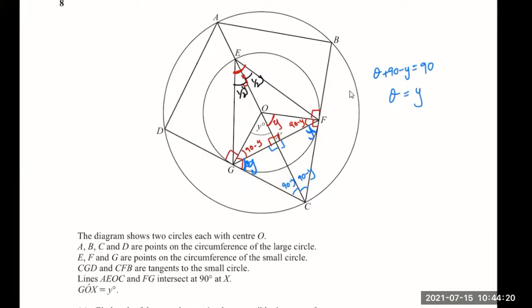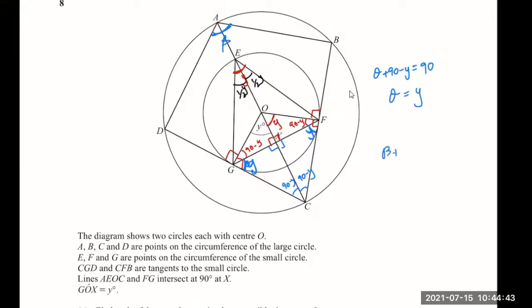Then what I see in my diagram is that there is a cyclic quadrilateral forming. If this is 180 minus 2y, and in fact, these must also be 90 degrees. Let's call that cyclic quadrilateral, in fact, let's call that beta. The entire thing is beta.